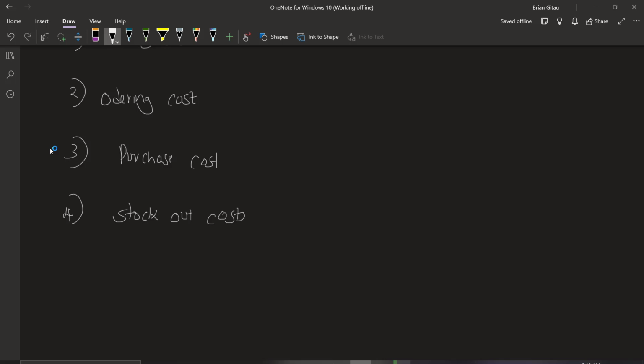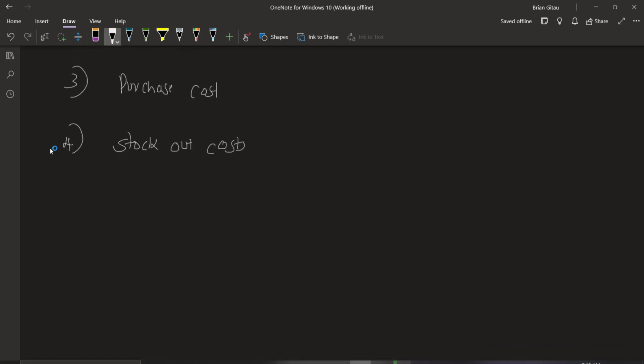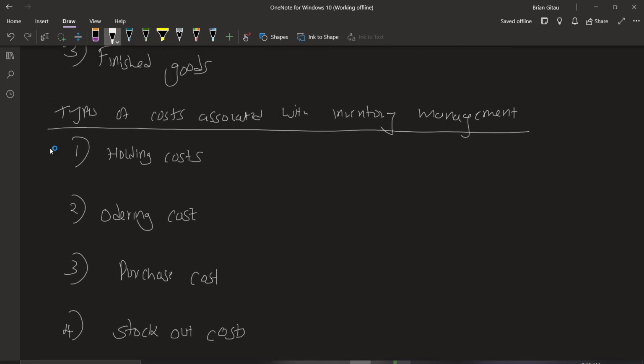Now, if we assume certainty, the relevant costs for decision making will be the holding cost and the ordering cost. And the objective of inventory management is to minimize these two relevant costs.